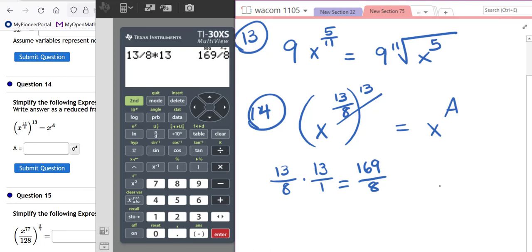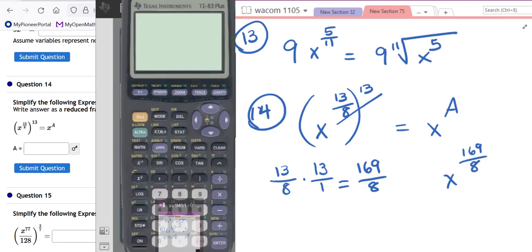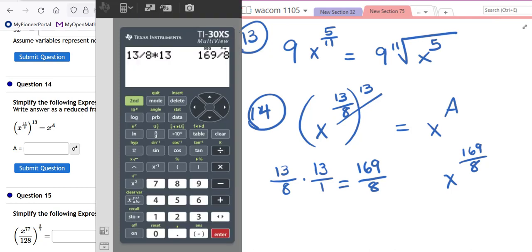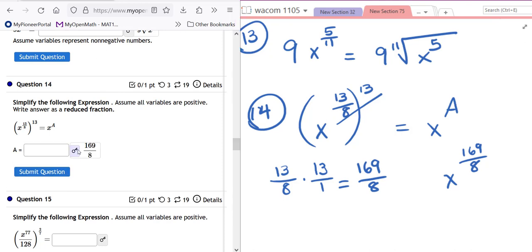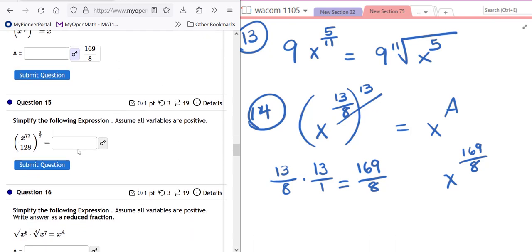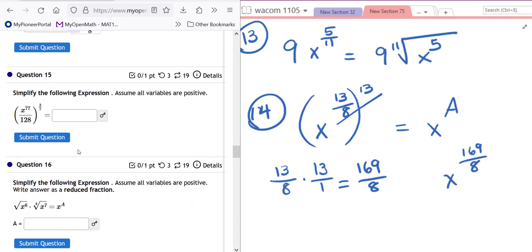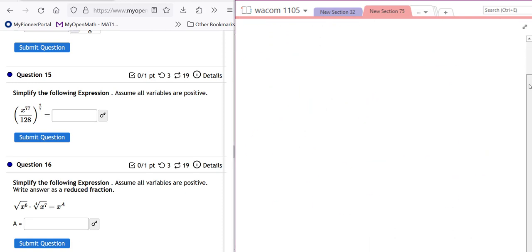So that should be the A. So this should be x to the 169 over 8. That's all they wanted, was the exponent in that question. So you really have to know your exponent rules to be able to work with this well, which you should at this point.